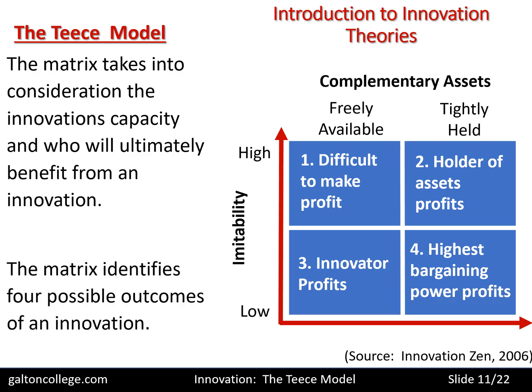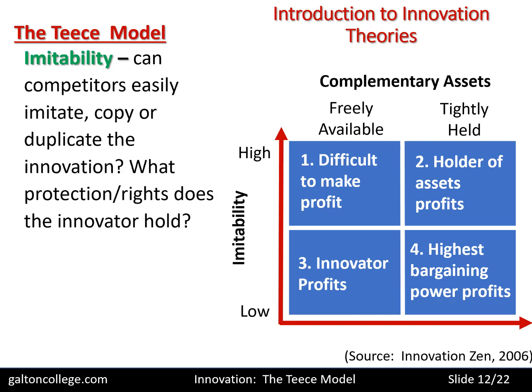The matrix identifies 4 possible outcomes of an innovation. So we can see the 4 of them in front of us. Now, imitability. Can competitors easily imitate or copy or duplicate the innovation? What protection rights does the innovator hold? So, can it be imitated?